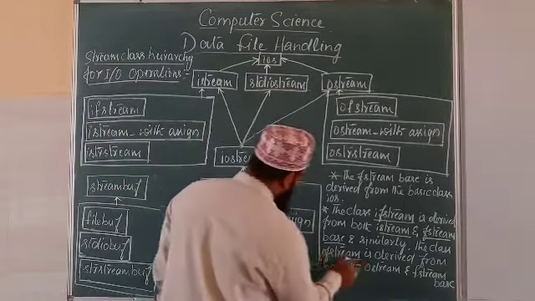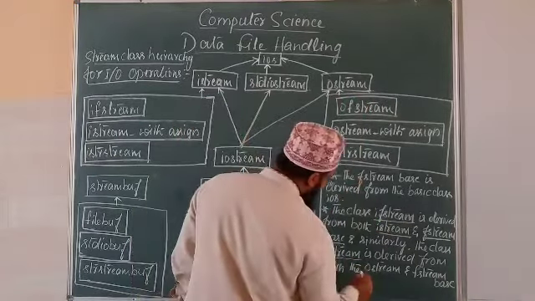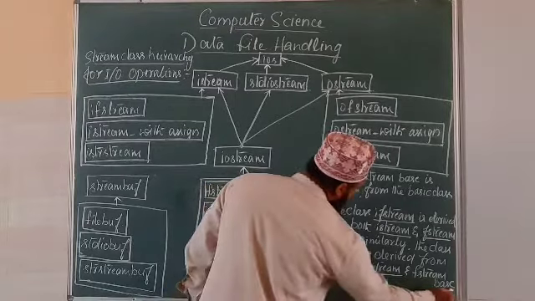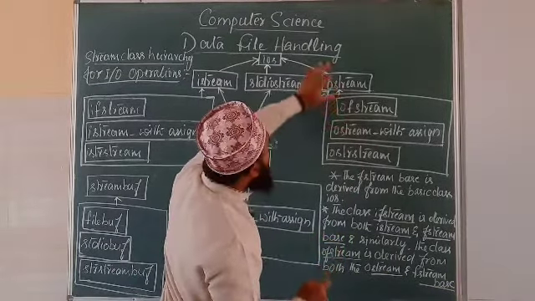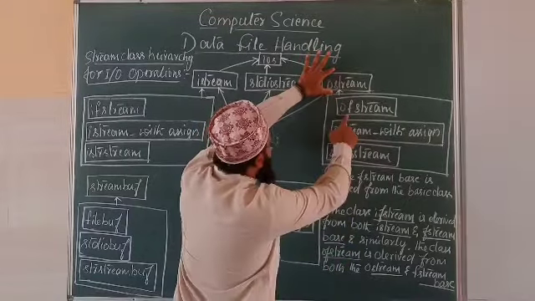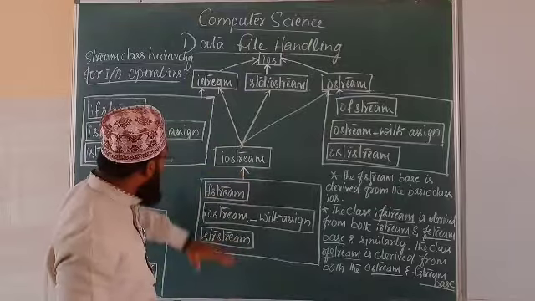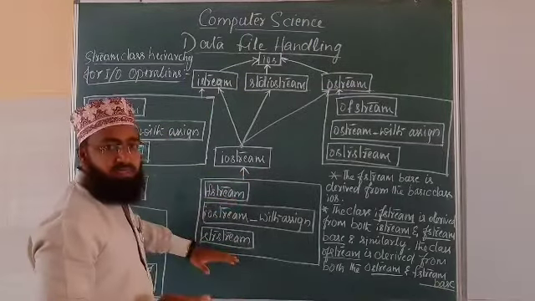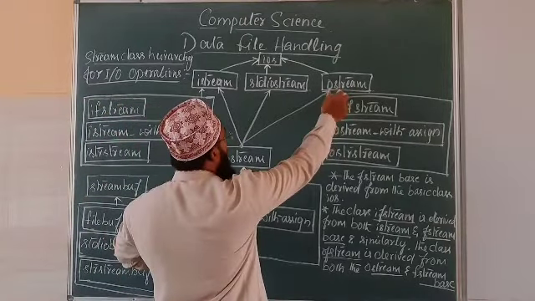Similarly, the class ofstream is derived from both ostream and fstreambase. See, arrow marks are here. Two arrow marks are there.